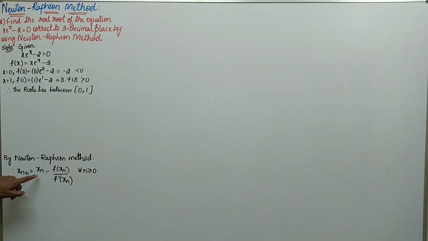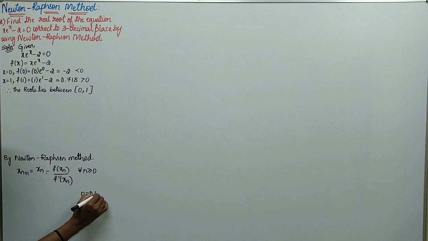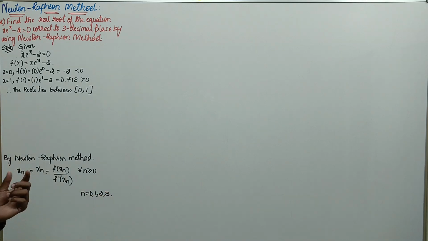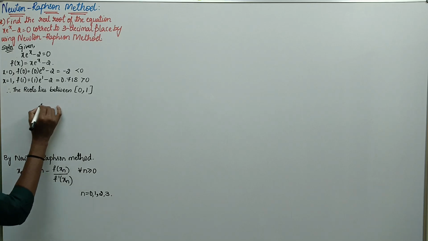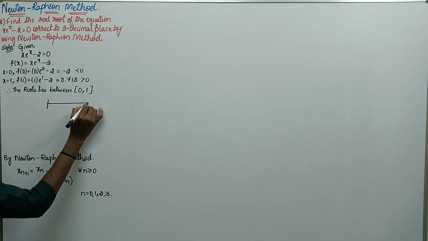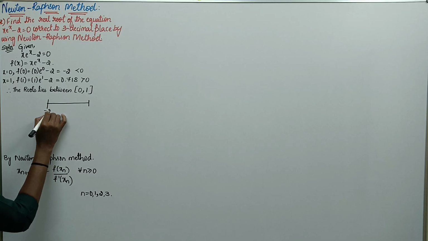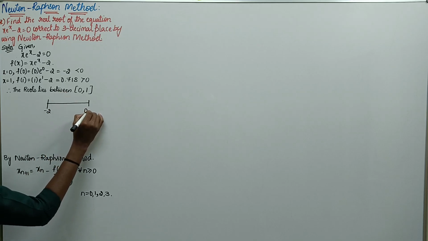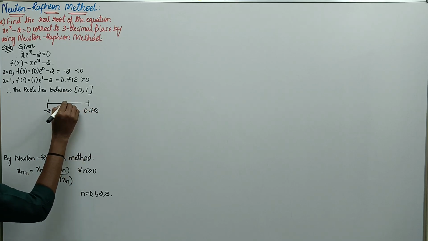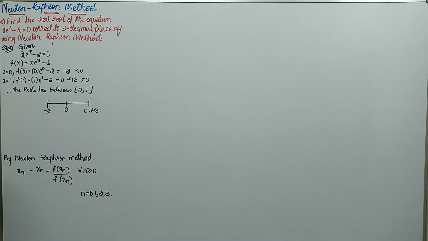I need to represent x n where n is equal to 0, 1, 2, 3. Since I need only one value, that is x naught, how to represent x naught? Considering these two intervals, we have the value minus 2 and the value 0.718.